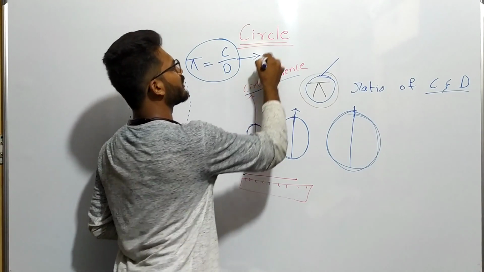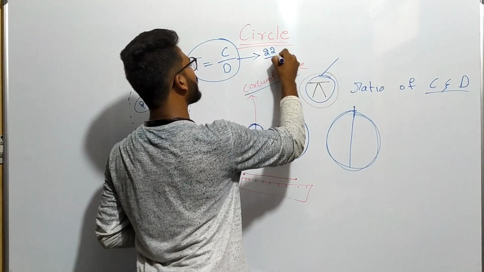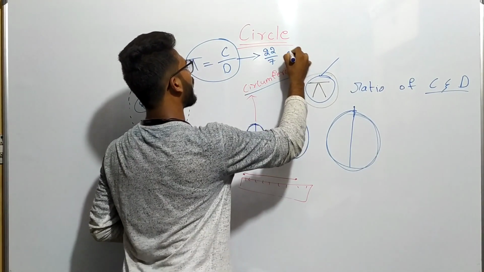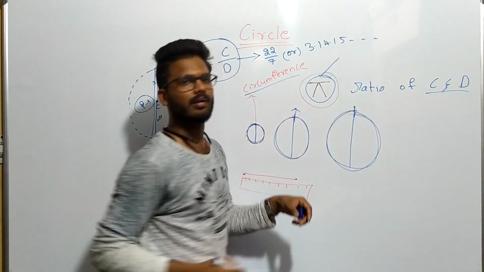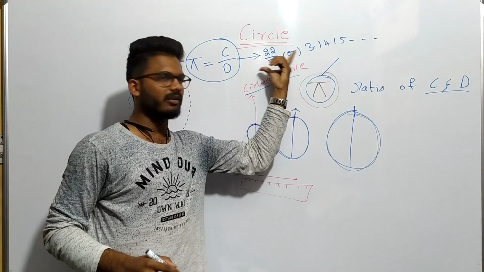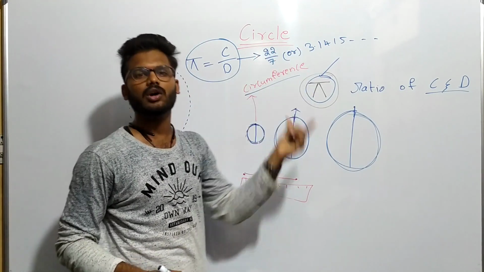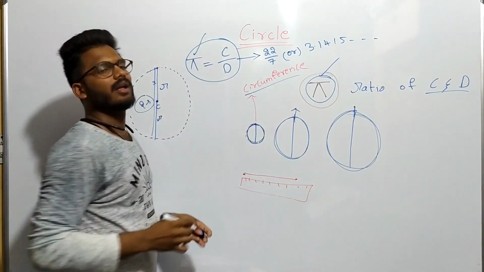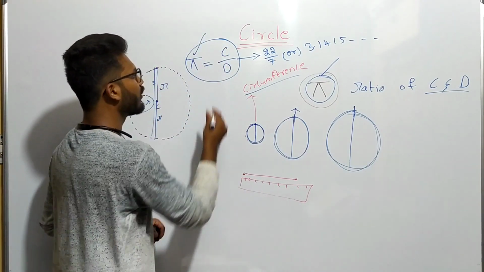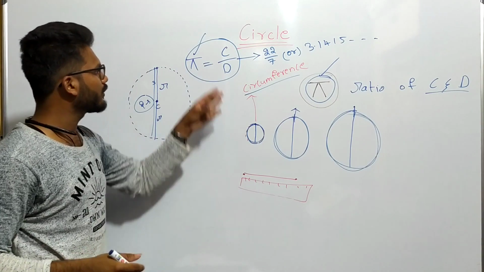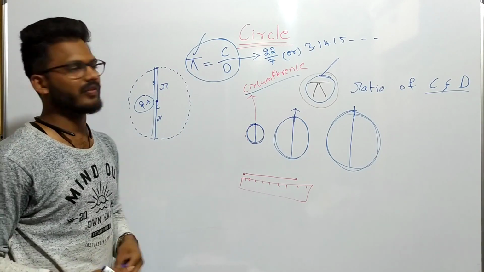This value they are getting approximately equal to 22/7 or 3.1415 like this, and so on. But this is not exact value, this is approximate value. So we call pi as irrational number. Okay, and from this we can derive the formula for circumference of a circle.